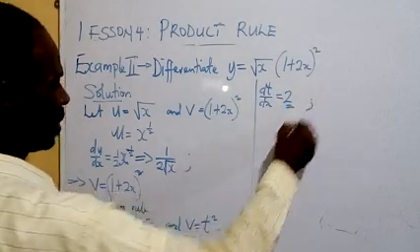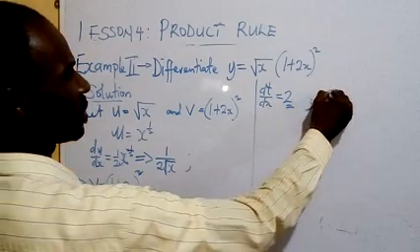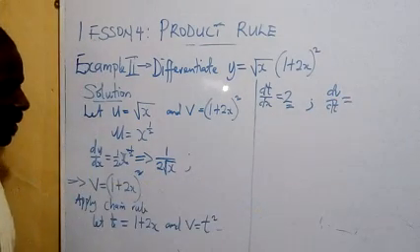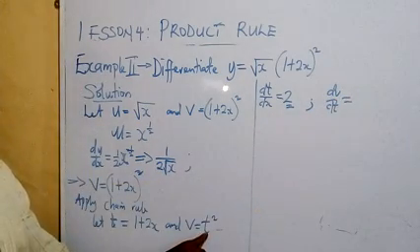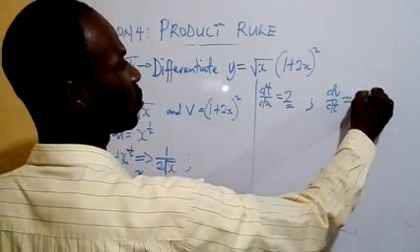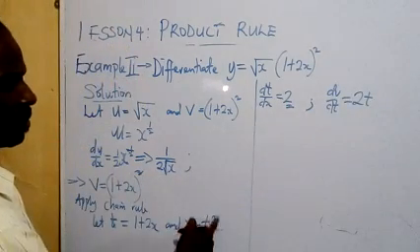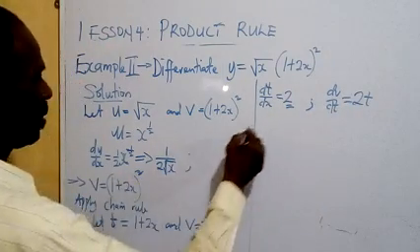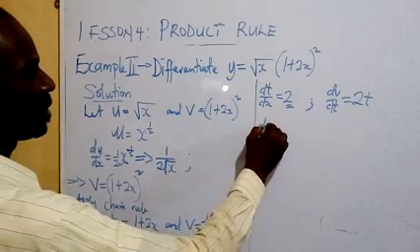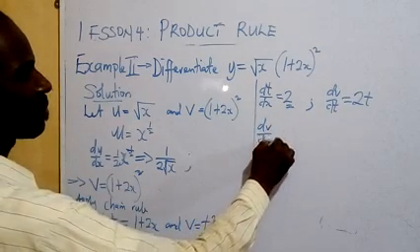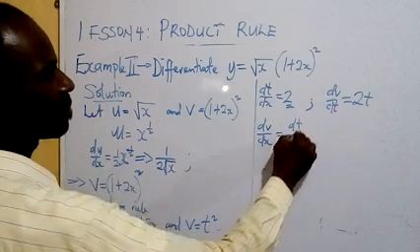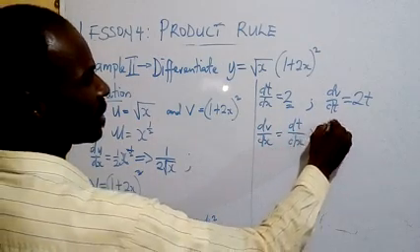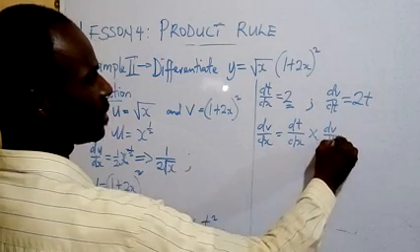Alright, and dv/dt will be 2t. So therefore, to get your dv/dx, it will be dt/dx multiplied by dv/dt.